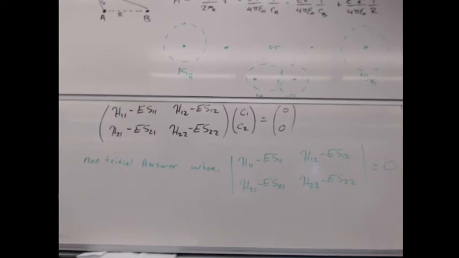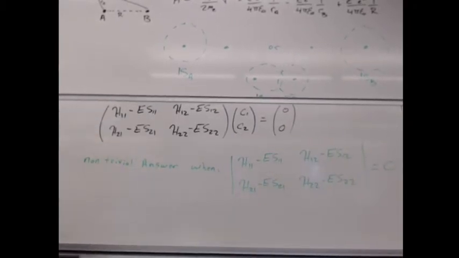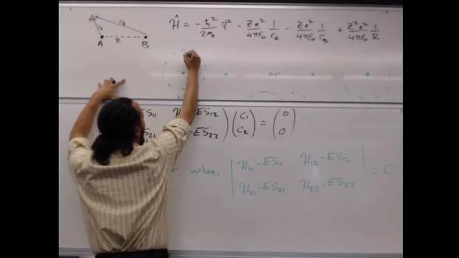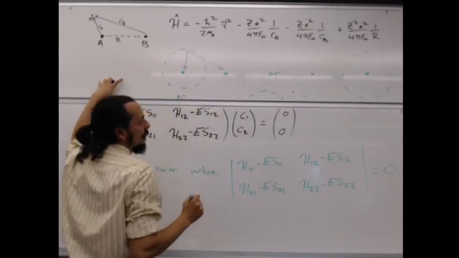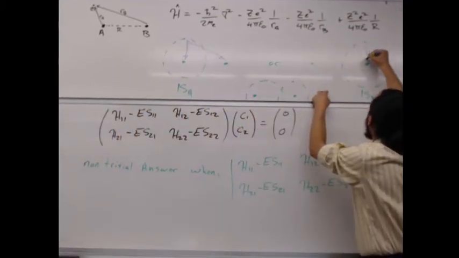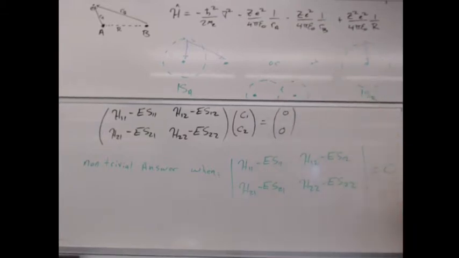So I'm going to consider this. And this is going to be interesting for a couple different reasons. One is, even when I've got this 1sa case, I'm still going to have the attraction of this electron to the first nucleus and to the second nucleus. When I have this case, I'm going to have this electron attracted to the first nucleus, the second nucleus. Those are really going to be the same terms, but I'm going to be considering them separately.